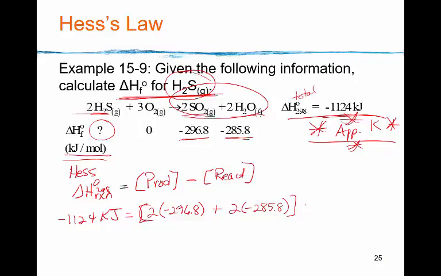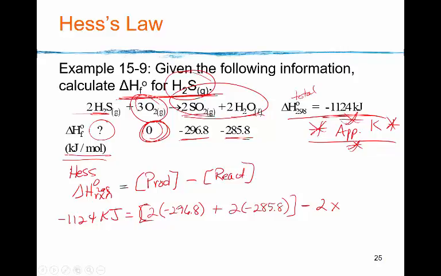And then minus 2 times x. I just leave it as an x because it's just algebra. Now, it would be plus 3 times 0, but remember, oxygen is in its elemental state, so it's 0. All right, so minus 2x.